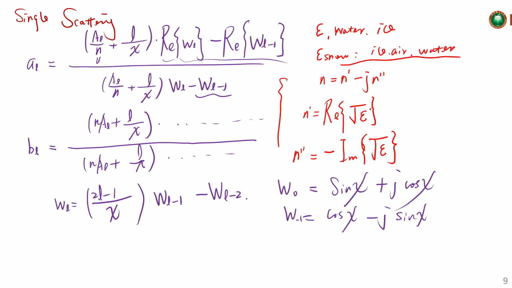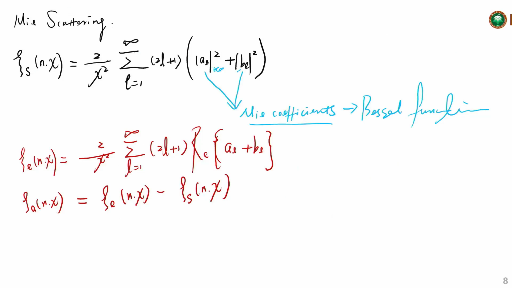Now this is for the absorption, the extinction, and the scattering. We also have another one, the backscattering. We're going to introduce this later after the short break. Now let's take a short break.